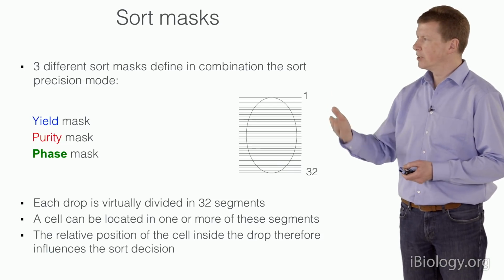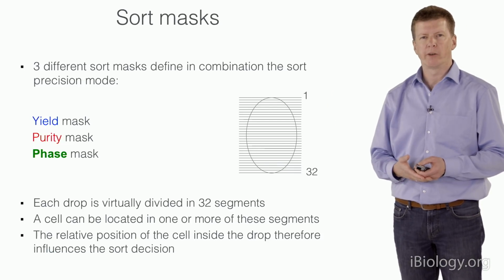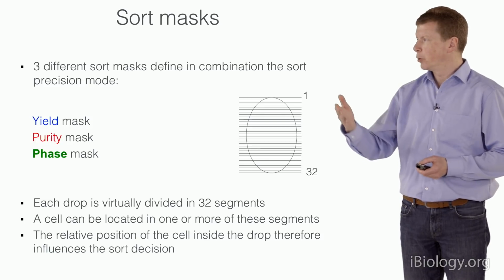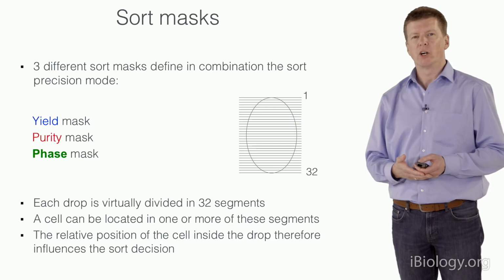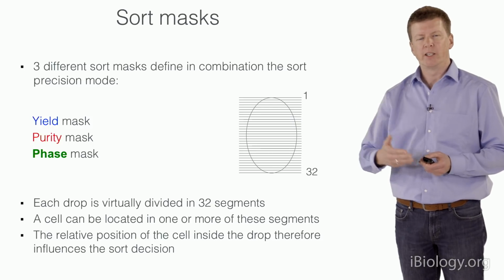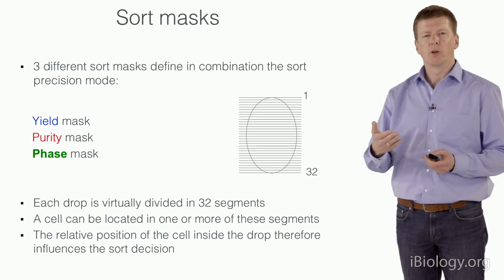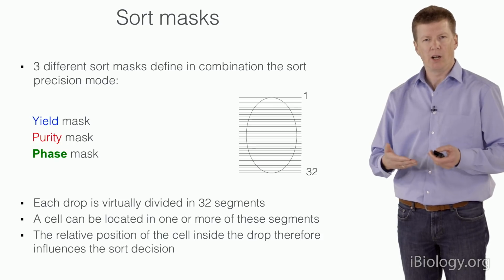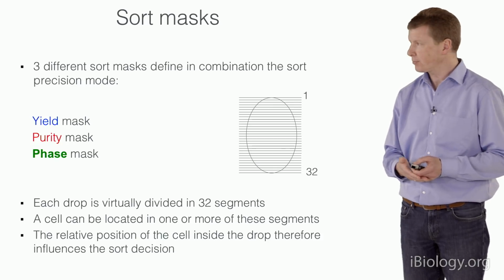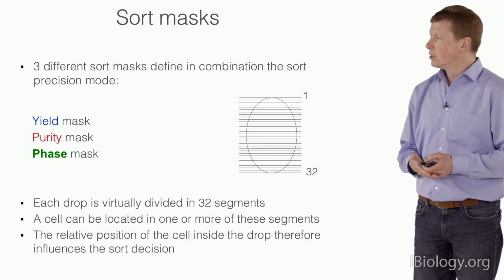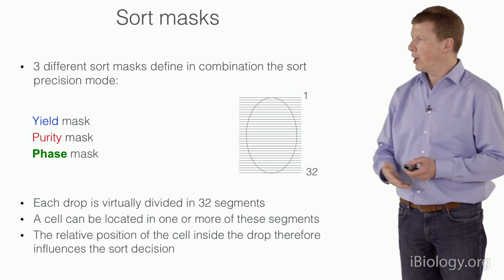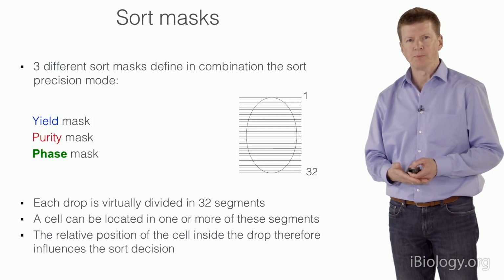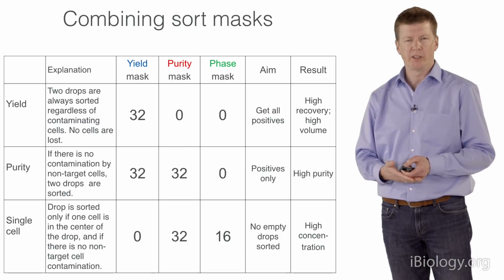For example, the yield and the phase masks are looking on the drop we just calculated in the drop delay, whereas the purity mask is looking on the trailing and the leading drop to look if there are contaminating neighboring cells next to our cell of interest. So all these three masks are now combined in these sort precision modes, which I summarized now in the next tab.